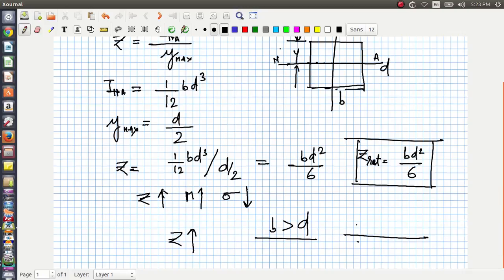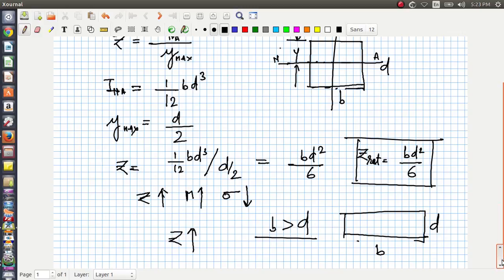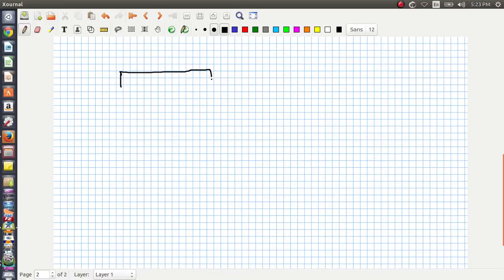First, keeping the beam horizontally like this, with the width b here and depth like this, and the other way around, depth is this and b is this. I'll go to a new page.